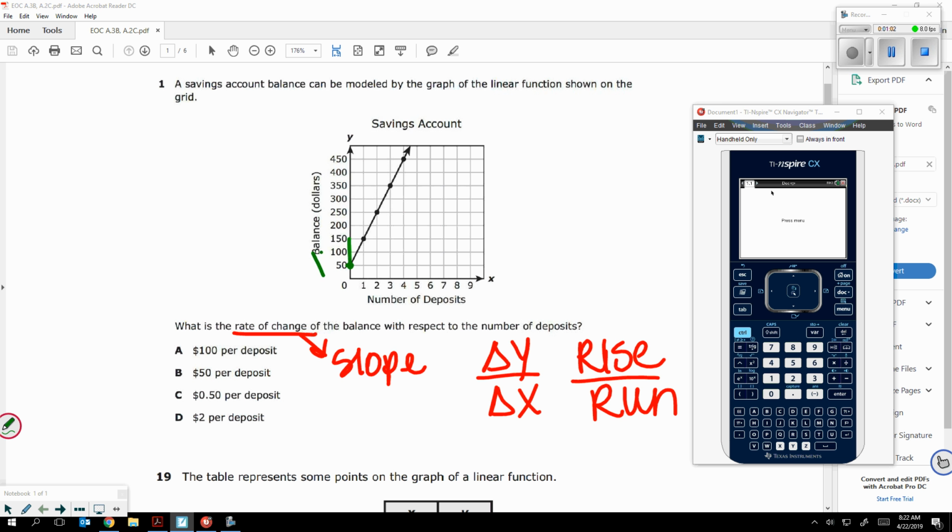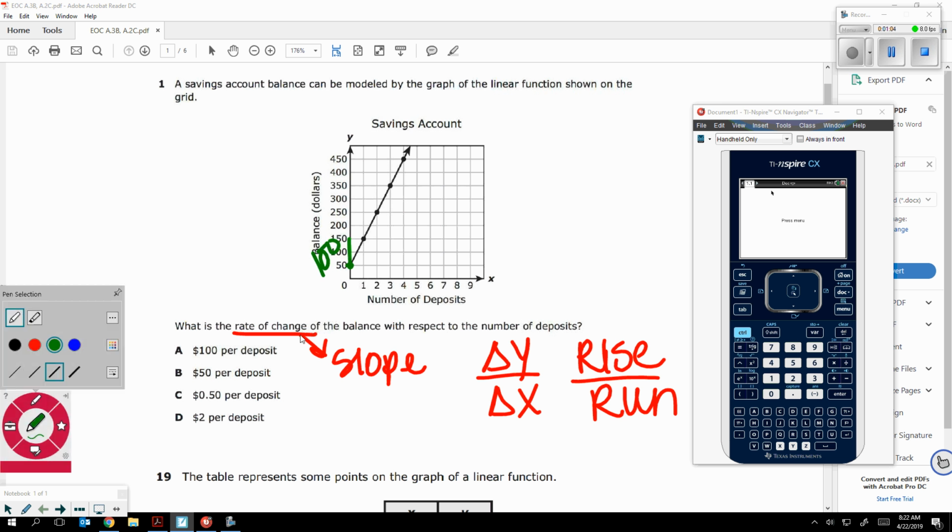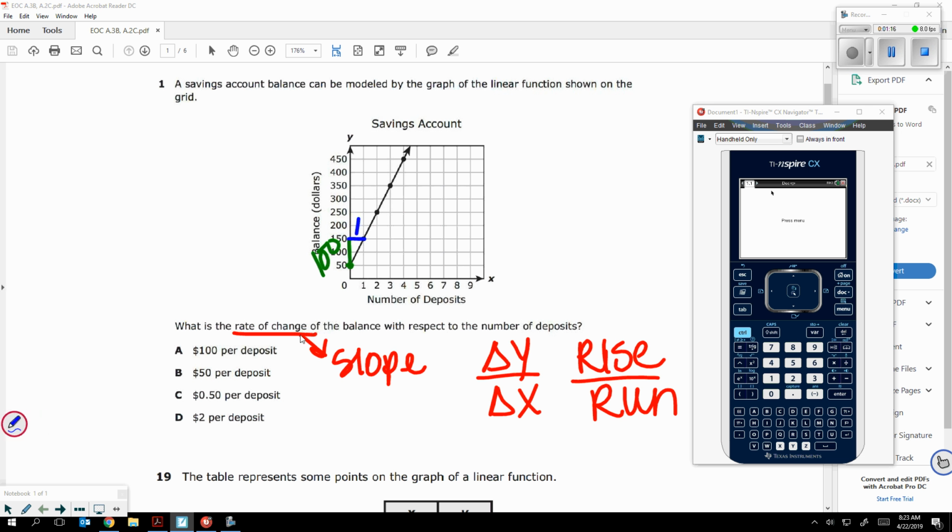100. And I go over to my next point, which is 50. Which is 1. Okay, so then my change of y was 100 over my change of x we found was 1.